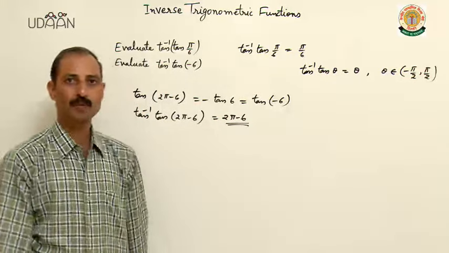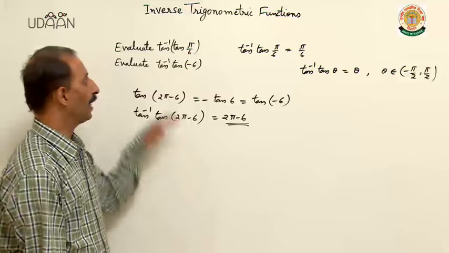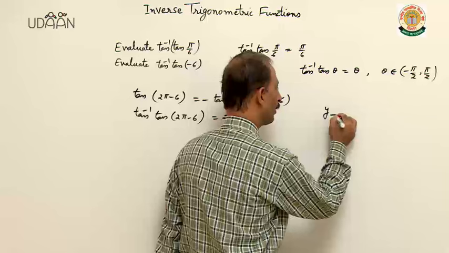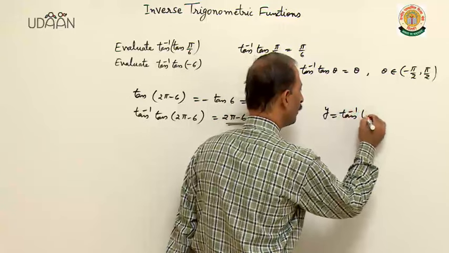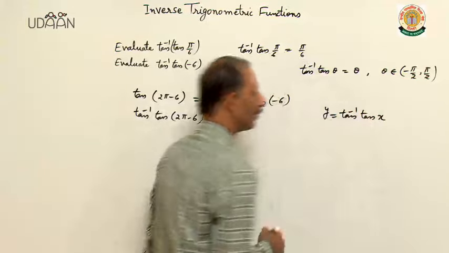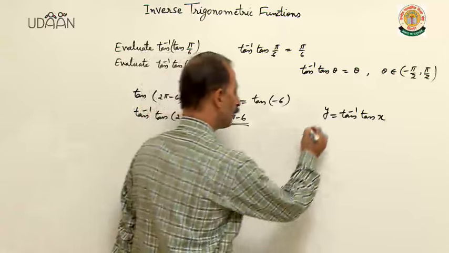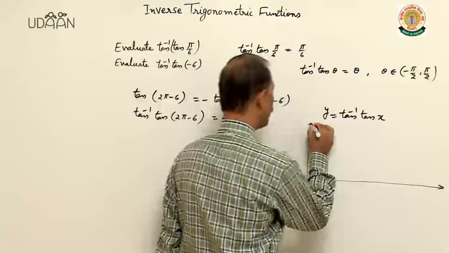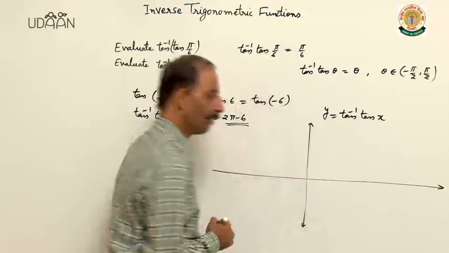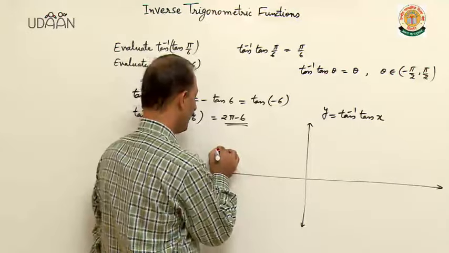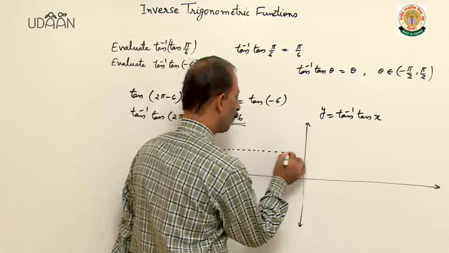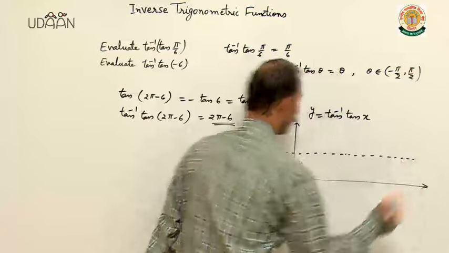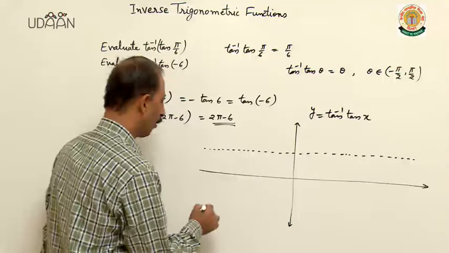One more method. Do you remember the graph of tan inverse of tan x? This graph we have given in the module. You can see the value of tan inverse of tan x will be x when x lies between minus pi by 2 and plus pi by 2. This is the line y equal to pi by 2, dotted because values will not touch this.